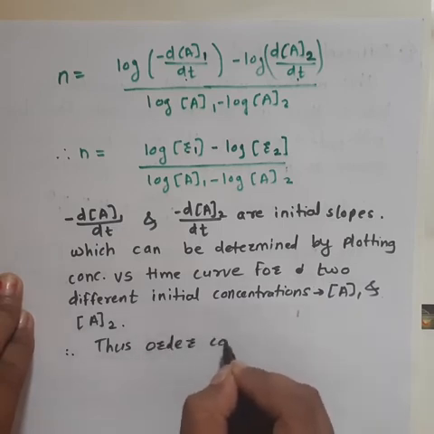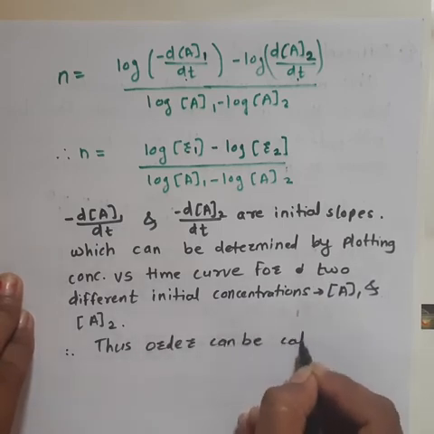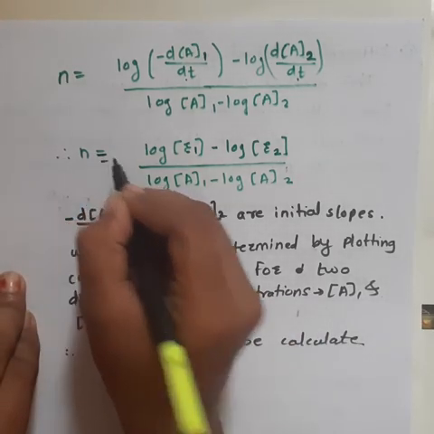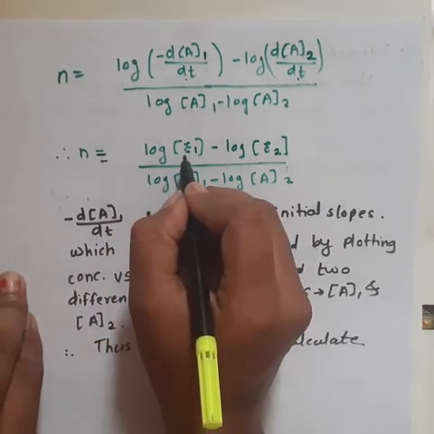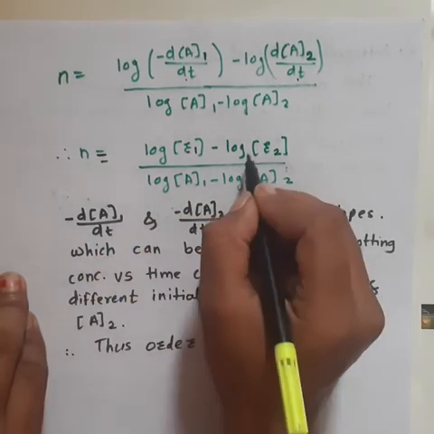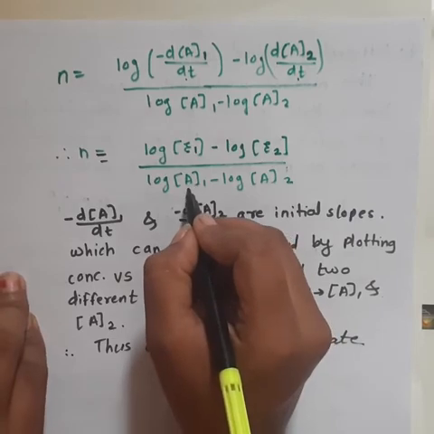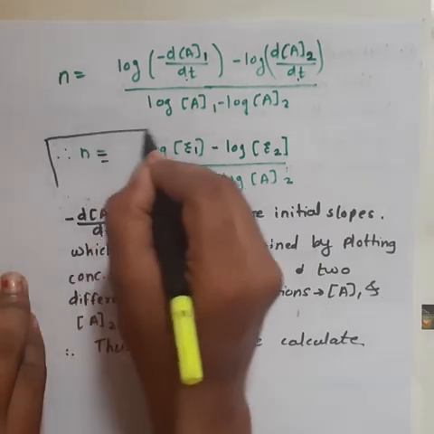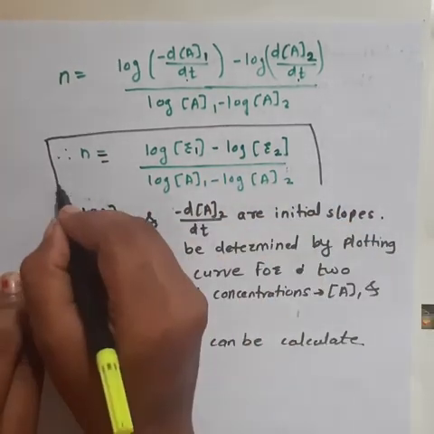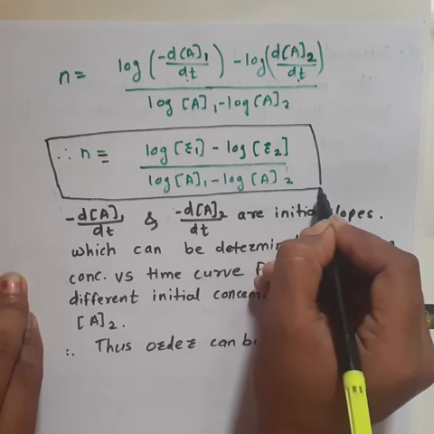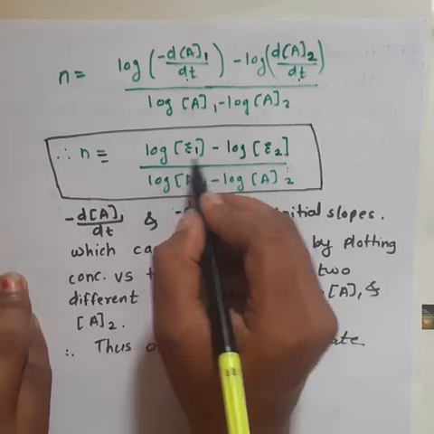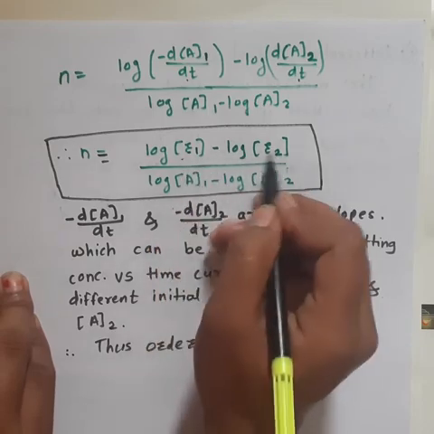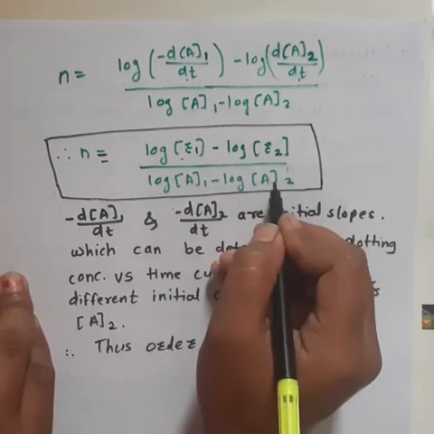Thus the order can be calculated. Here n can be calculated if we know the rate of reaction for concentrations A1 and A2, and the initial concentrations A1 and A2.